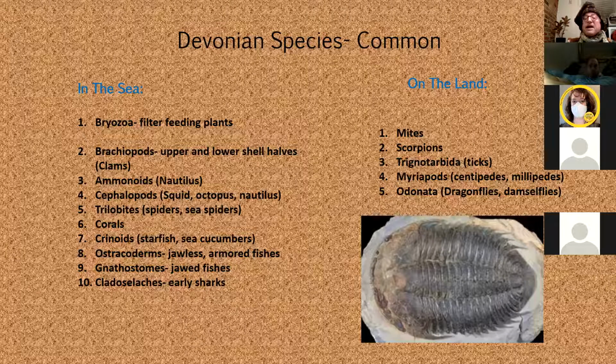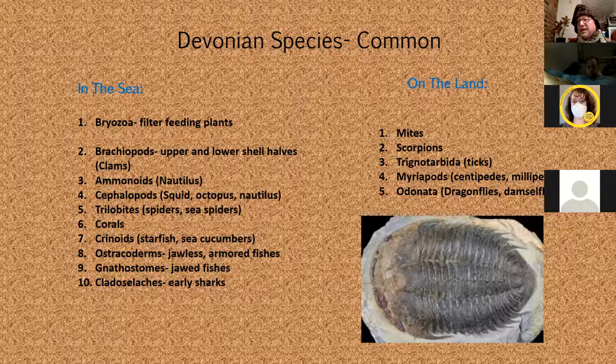The caveat with this is those 5 things were all much larger than we are used to seeing. When we say mites, they're not those little teeny tiny red things you see on a picnic table when you're out in the woods. These things were as big as the palm of your hand. And they were all much larger. Some of the odonatas, some of the dragonflies had a wingspan of a foot or more. They were huge.